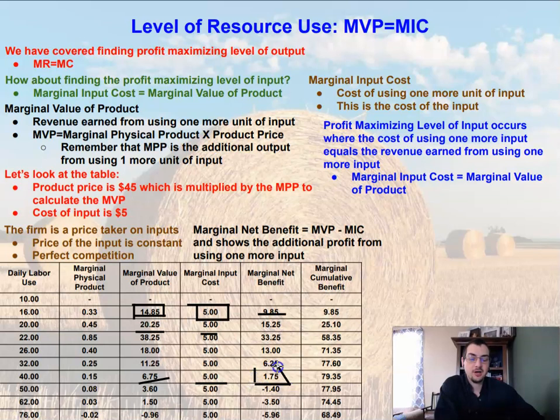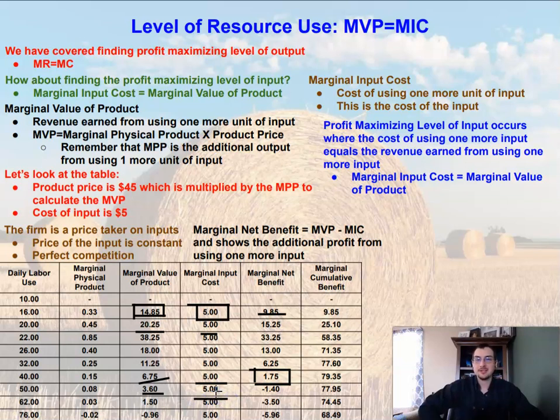It's still going to cost less than what you're going to make off of using that one more input. So then we go down here to the next round. And on this next round, we're only going to earn $3.60 off of using that next unit of input. That next hour of work is only going to earn us $3.60, but it's going to cost us $5.